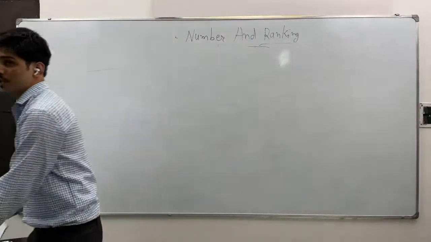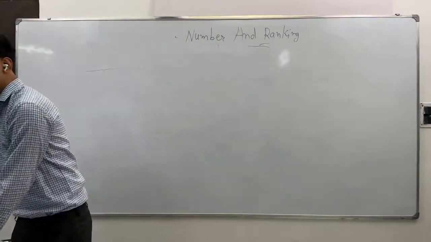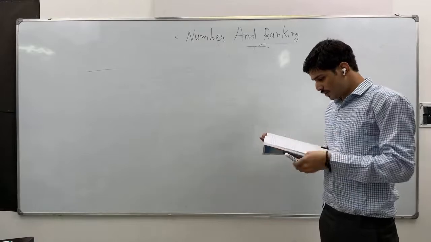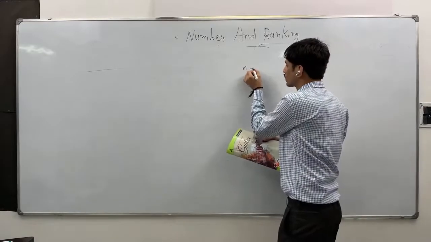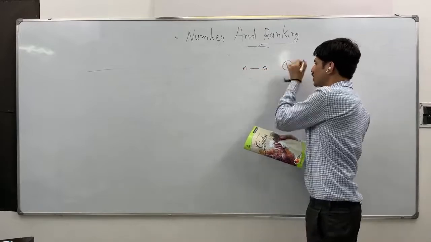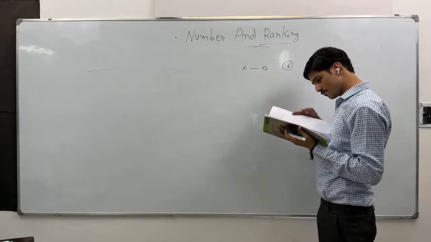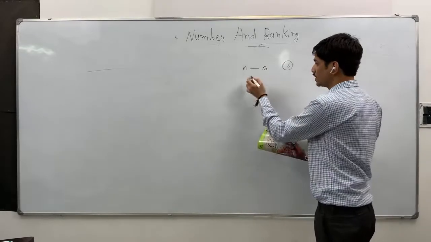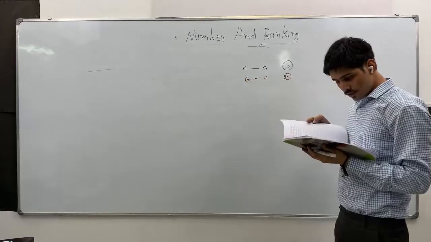First, you draw the case of maximum. Did all of you understand the question? If not, I'll write the question. Between A and B, there are 6 persons, minimum. Between B and C, 14 are there.